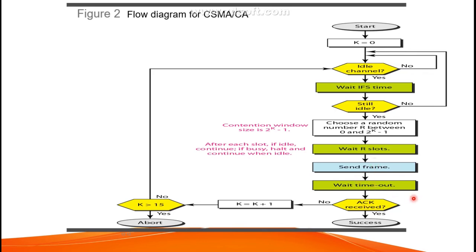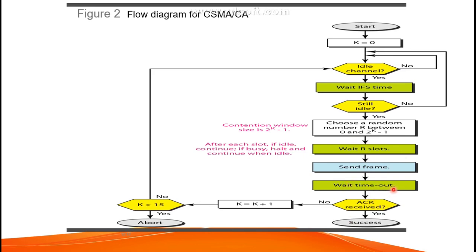So if the acknowledgement, that is a CTS, clear to send, says yes, you can send it now, then we can say the acknowledgement is received. After this, we are going to send the actual frame, and every time we are going to set a timer.